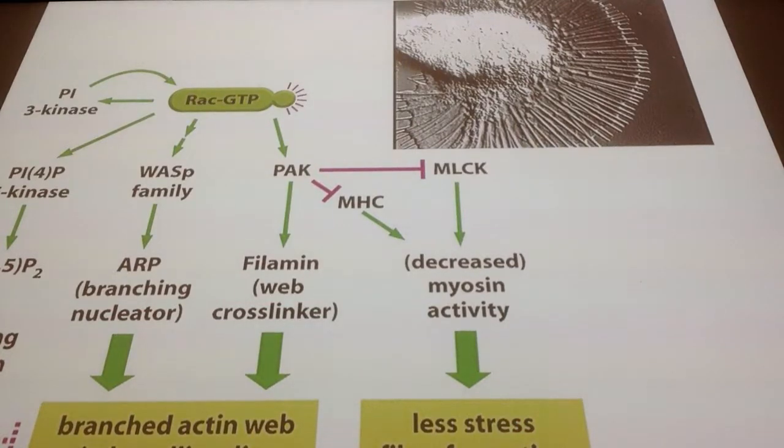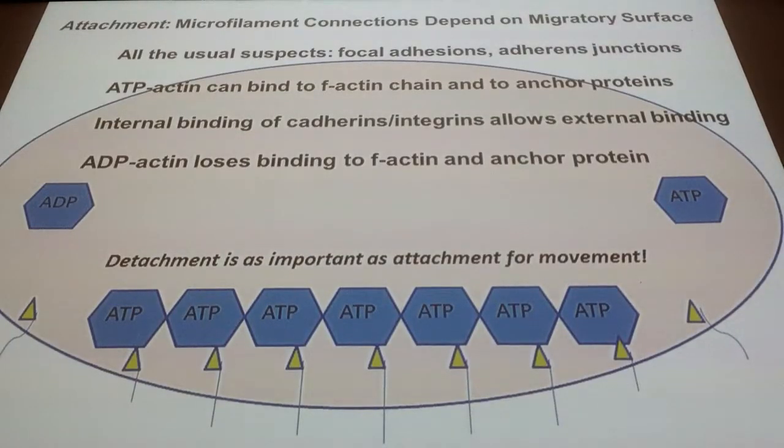Okay? Don't try to memorize them. So this adds complexity to what we already talked about in terms of treadmilling. So if we were merely talking about the microfilament, that's what happens. But what is a function of microfilament?